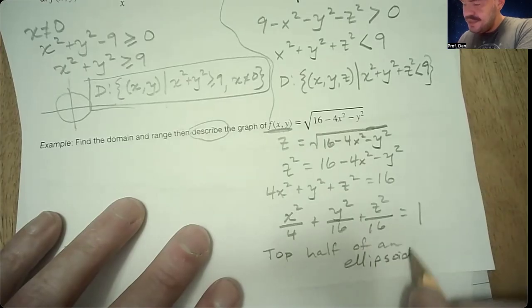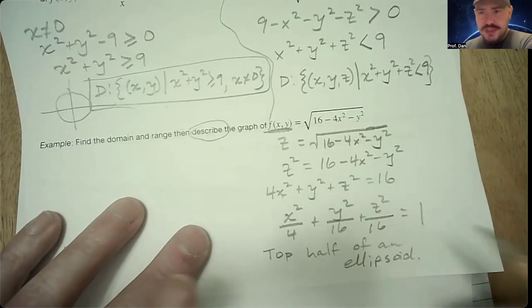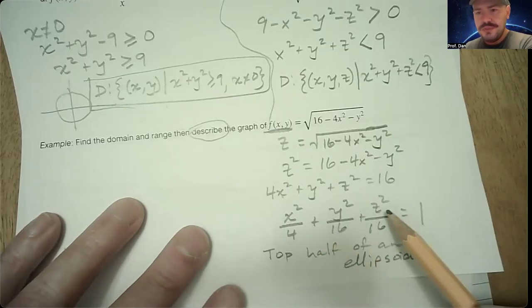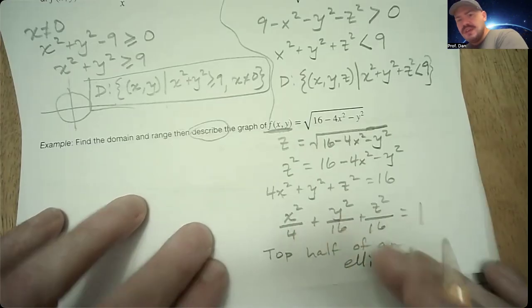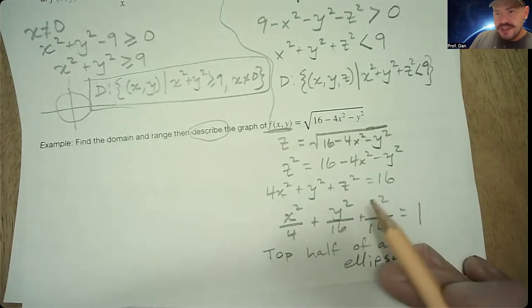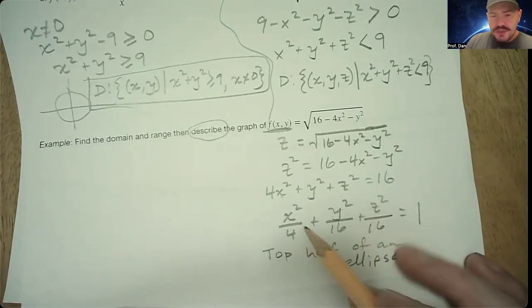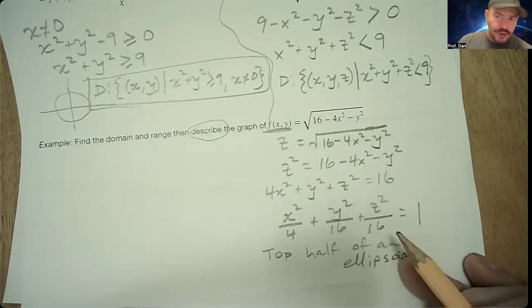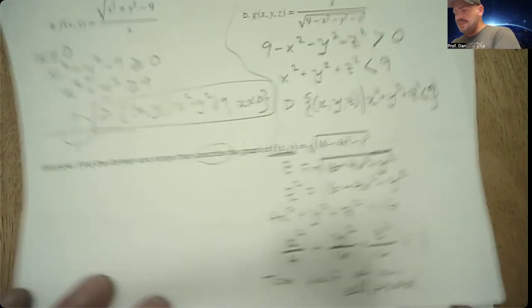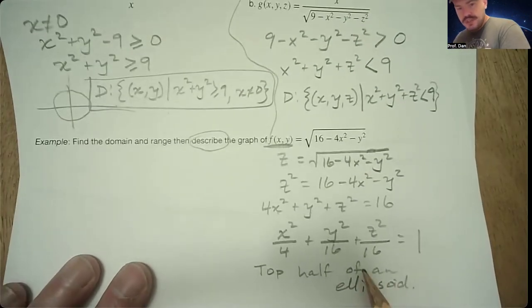Other details that we could figure out: we know where the center of the ellipsoid would be, 0, 0, 0, because we're not subtracting anything from x, y, or z. And we also know that on the x-axis, we would have a radius of 2, and on the y and z axes, we would have radii of 4.